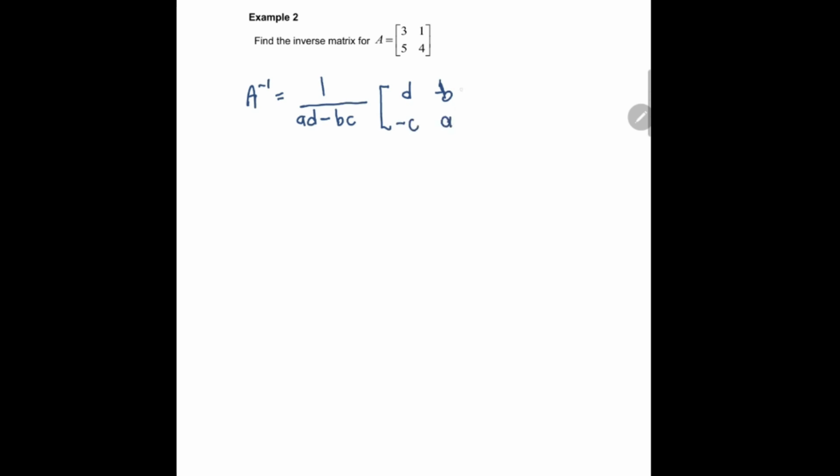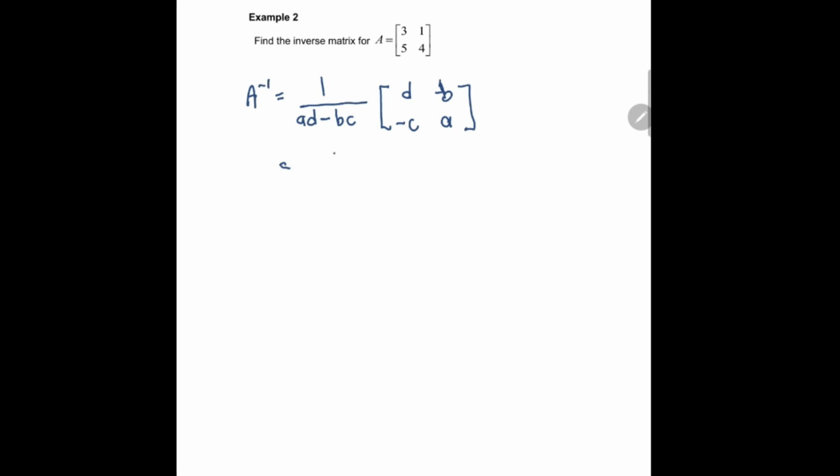We go to the example. Find the inverse for A, 3, 1, 5, 4. So, by using the formula, A inverse should be 1 over ad minus bc, d, negative b, negative c, and a.